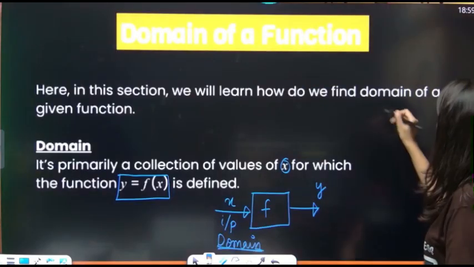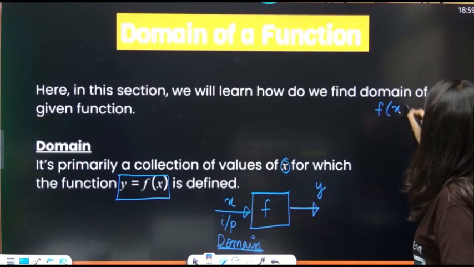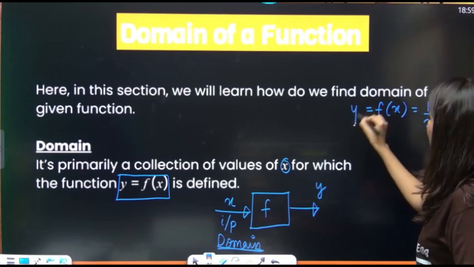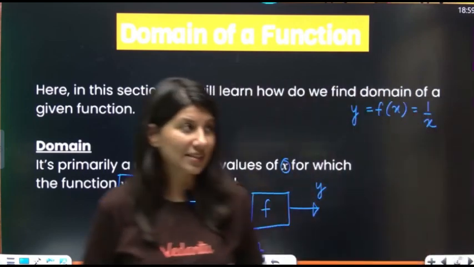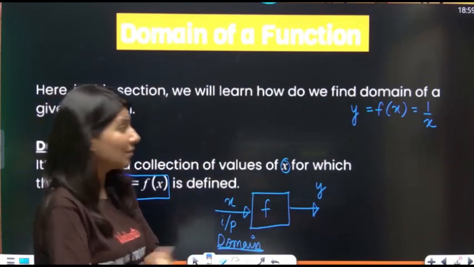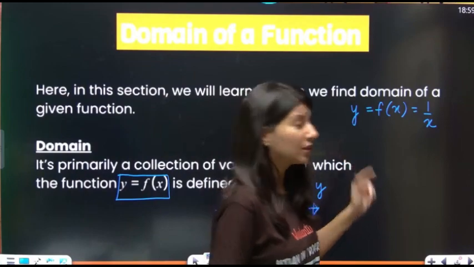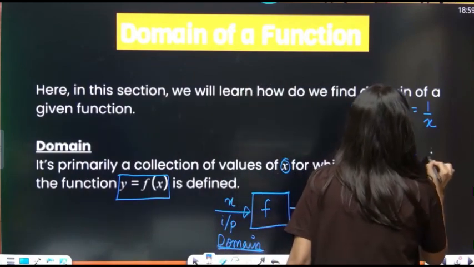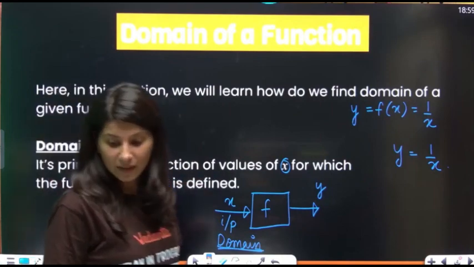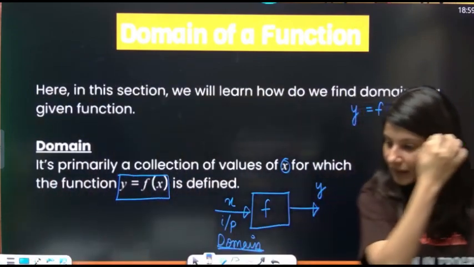Now suppose you have f(x) = 1/x. You should also write y = f(x) = 1/x. Now think about it. What could be the domain of this? That means what should I put in the place of x so that your y is defined?